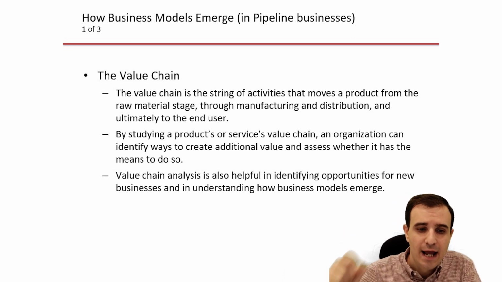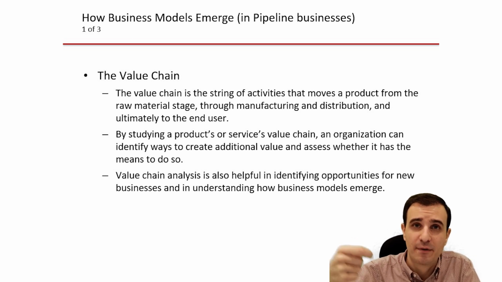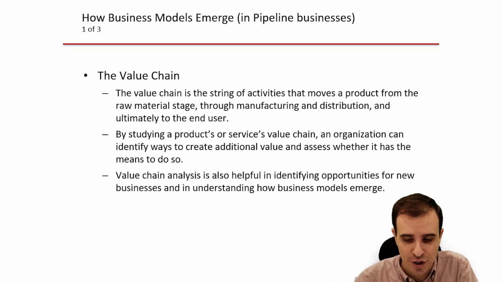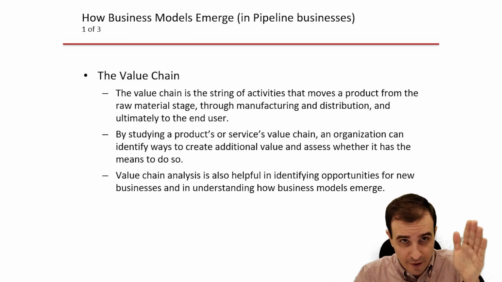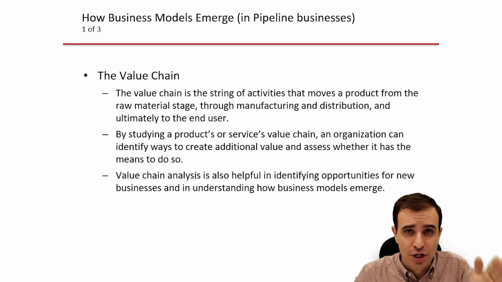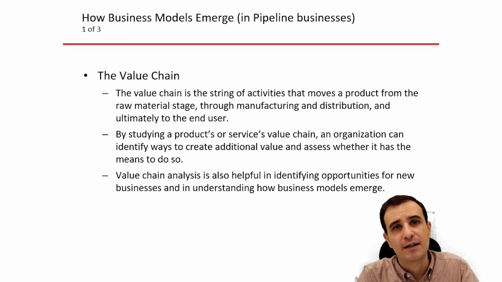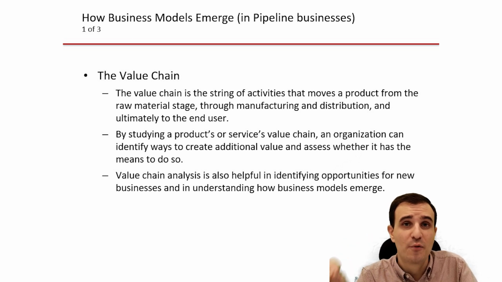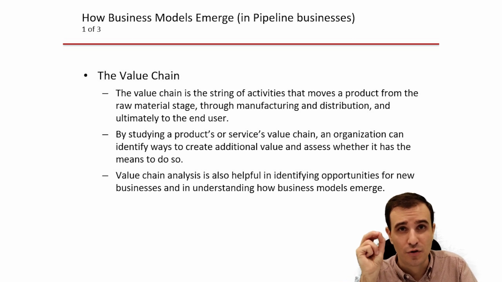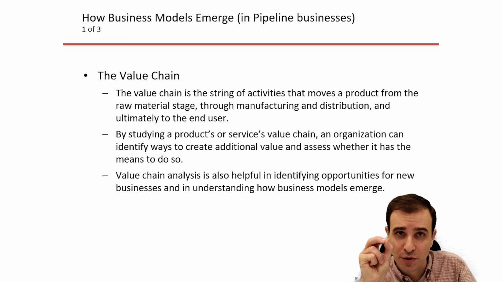The value chain helps us understand opportunities, helps us understand the profit formula, helps us understand whether a new business model can emerge. But then again, the value chain, which was originally defined by Michael Porter, is a very good framework which you can apply to pipeline business models. So you can do a value chain analysis of Toyota.